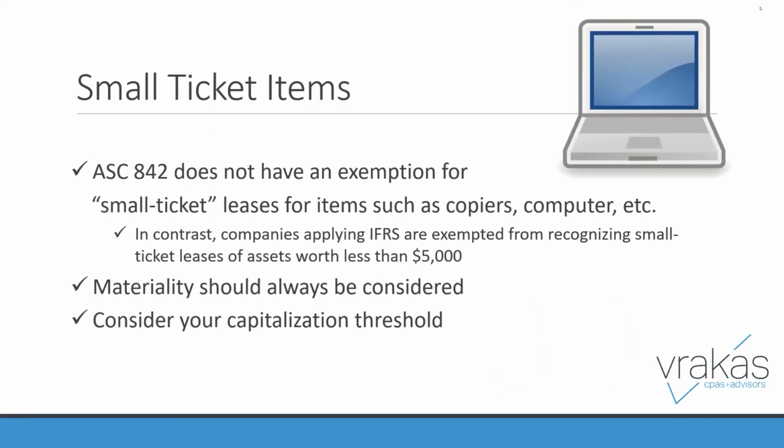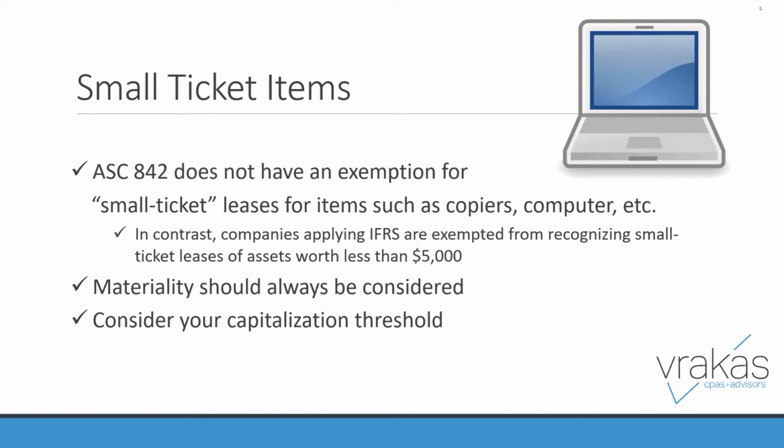The other item I wanted to point out was, maybe you're thinking, do I have to do this calculation for laptops or for smaller items? The international standard does actually specifically have an exemption for what they call small ticket items under $5,000. The FASB elected not to put that guidance in ASC 842.